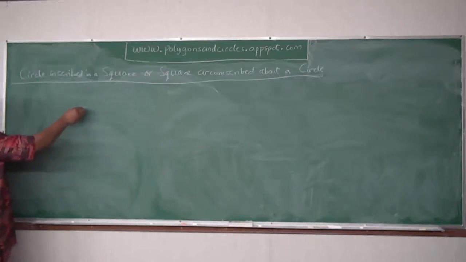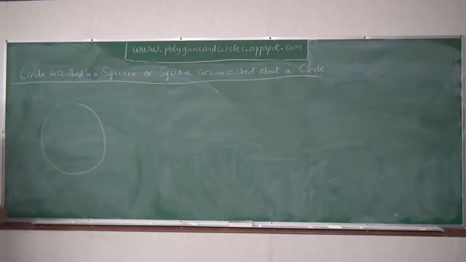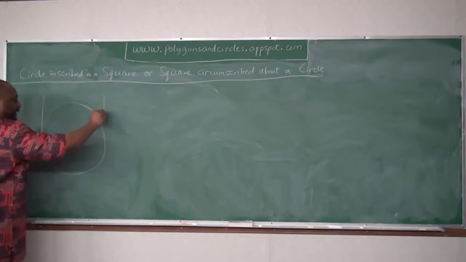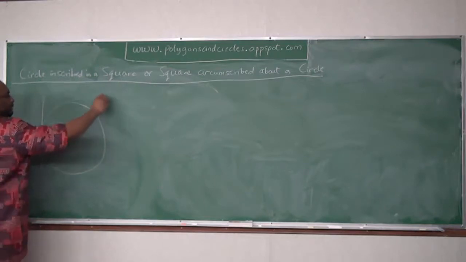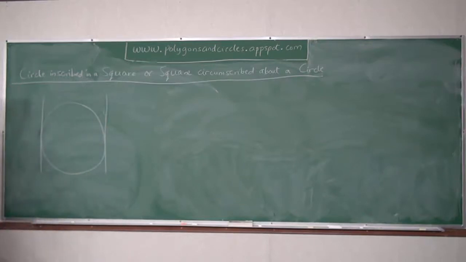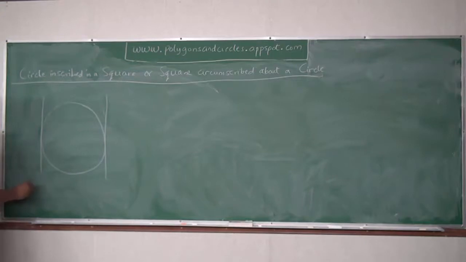I hope you don't laugh at me in my drawing. So let's say we have a circle, and we have a square circumscribed about the circle. So this means that the circumference of the circle touches the side of the square.